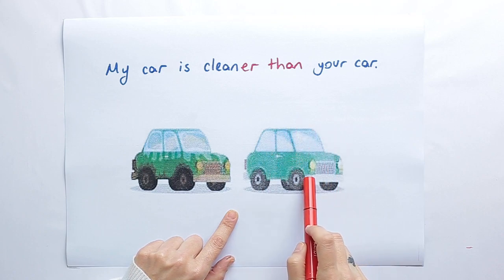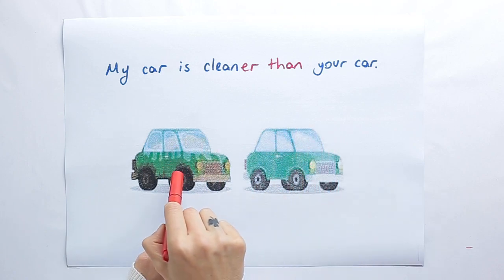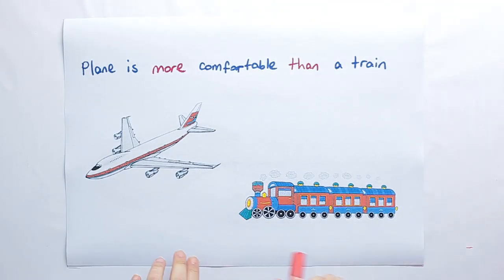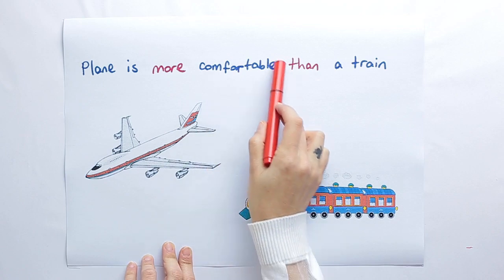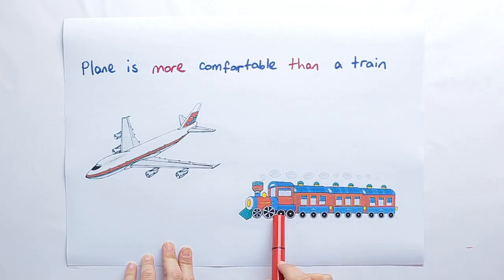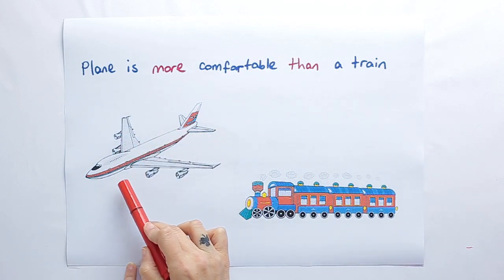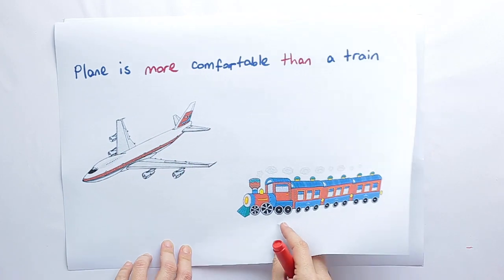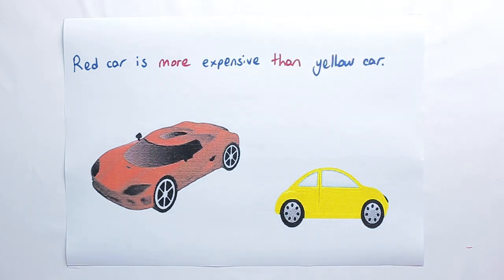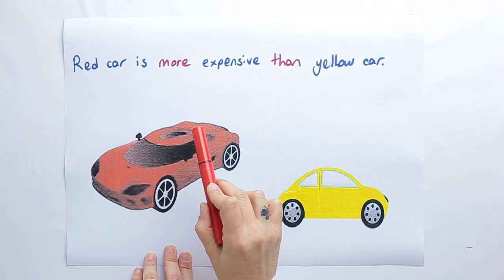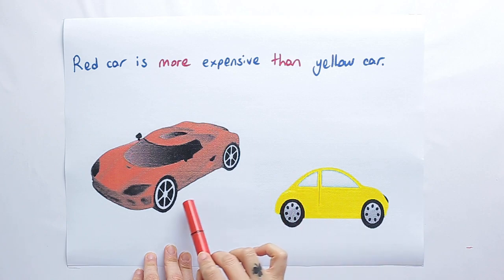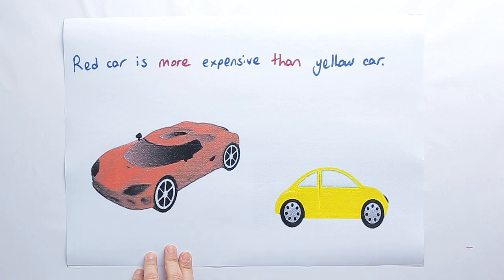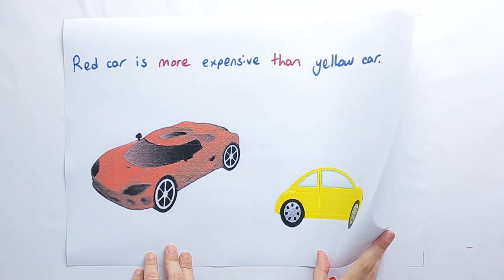A plane is more comfortable than a train. The red car is more expensive than the yellow car.